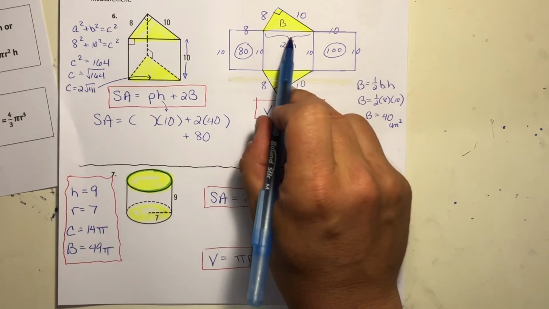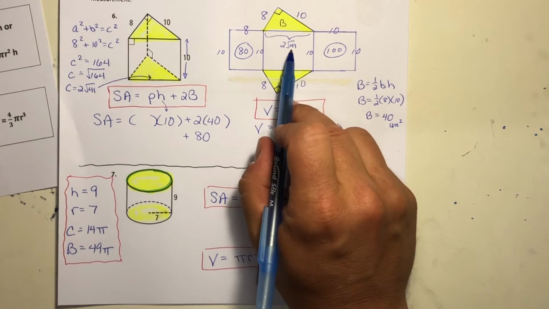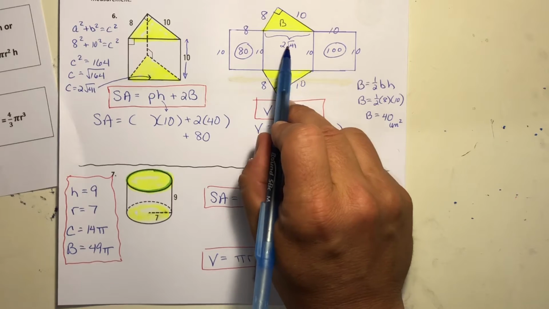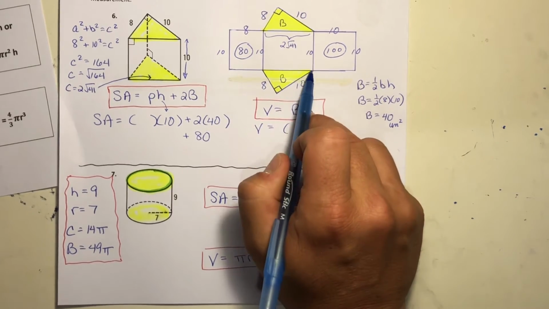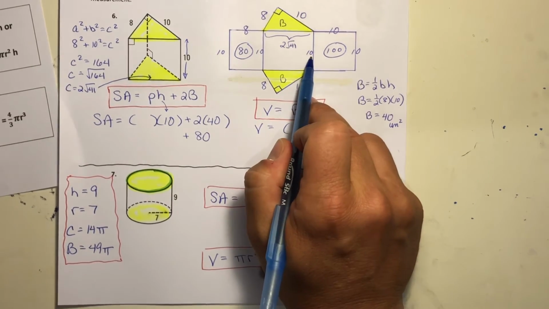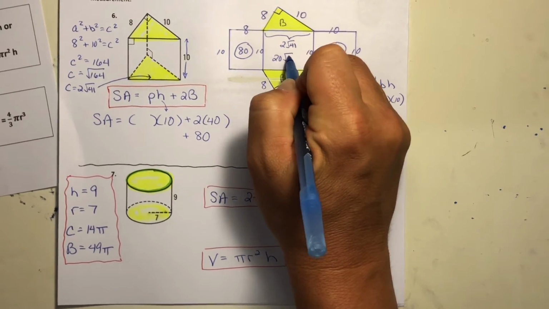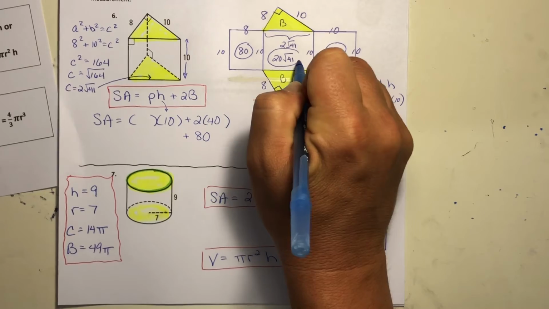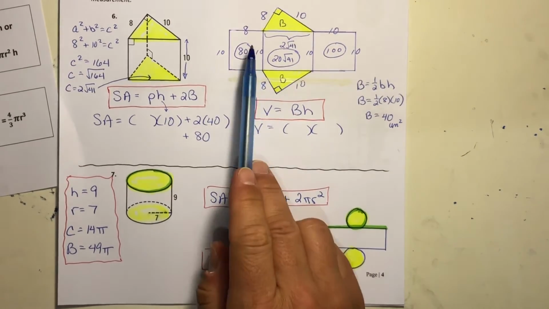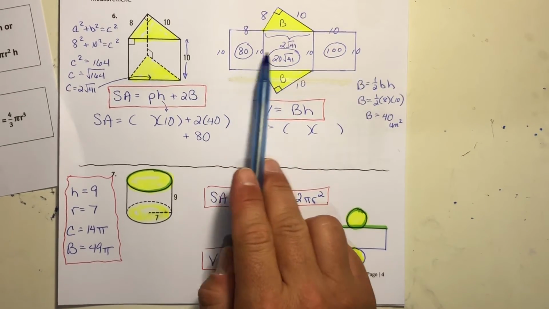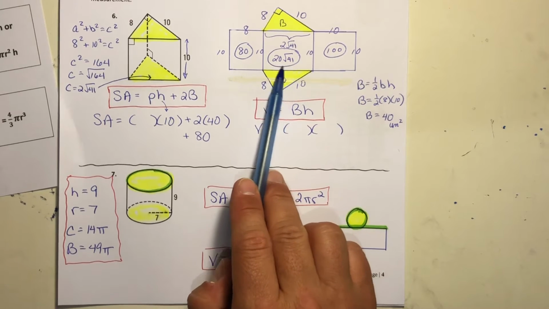This rectangle in the middle here is going to have a radical expression. It's 2 radical 41 wide by 10 tall. So what is 10 times 2 radical 41? It's 20 radical 41. So technically, guys, my lateral area is 80 plus 100 plus 20 radical 41.